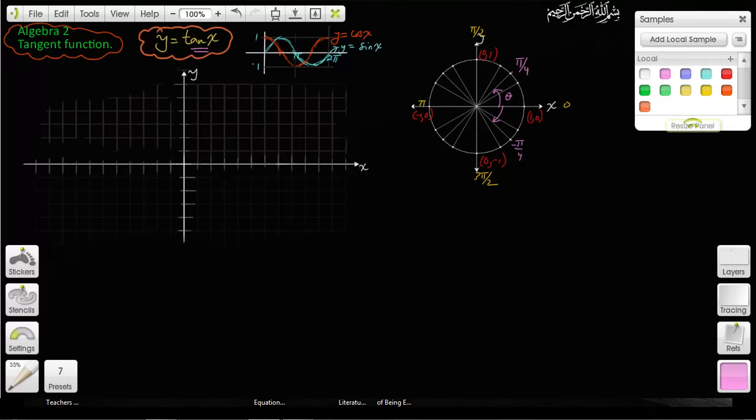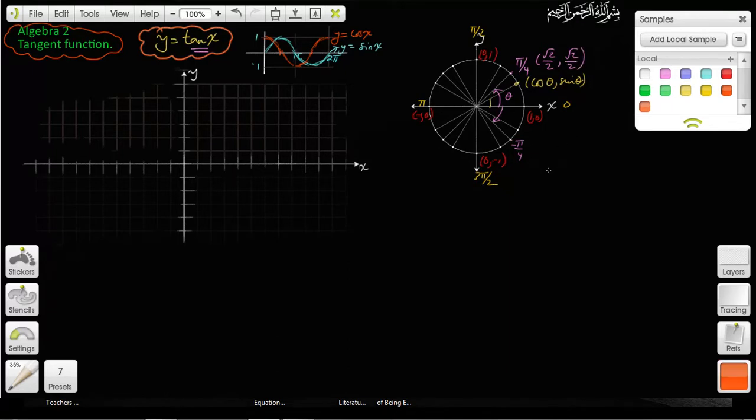For any given ordered pair on the unit circle, the ordered pair corresponds to cosine of theta and sine of theta. For pi over 4, they were square root of 2 over 2 and square root of 2 over 2.